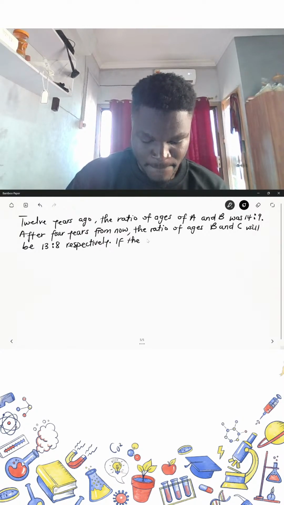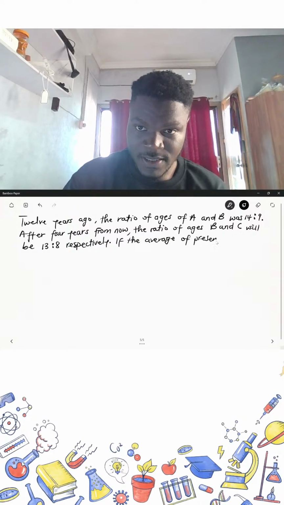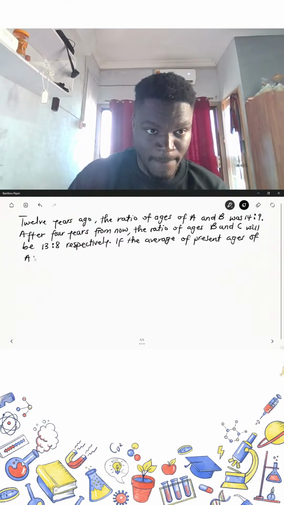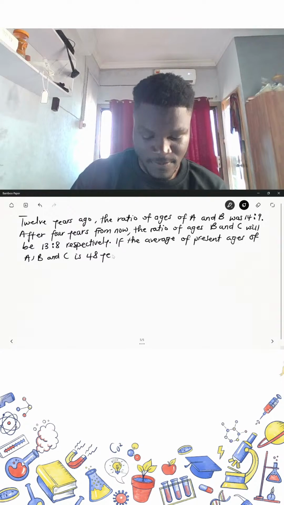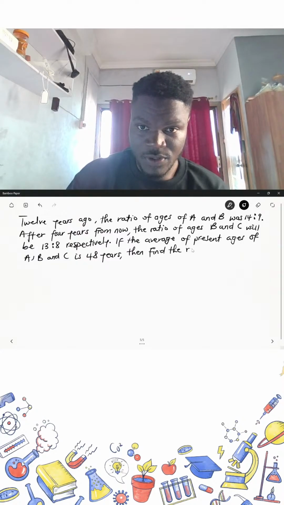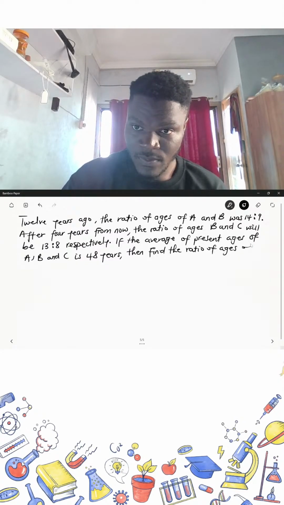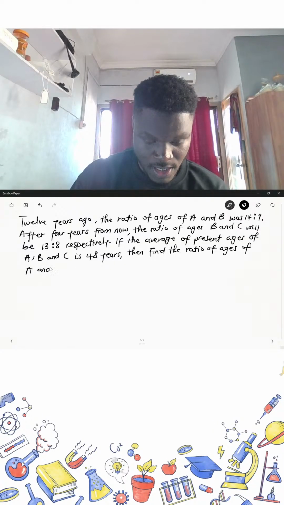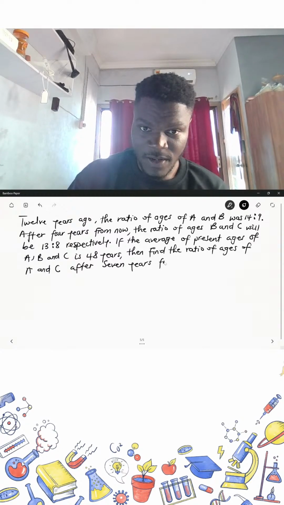If the average of present ages of A, B, and C is 48 years, then find the ratio of ages of A and C after 7 years. After 7 years from now.